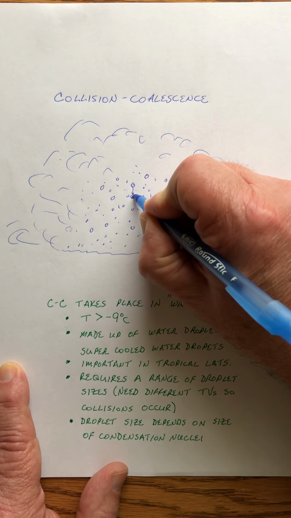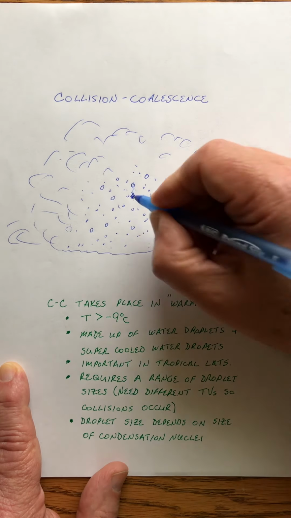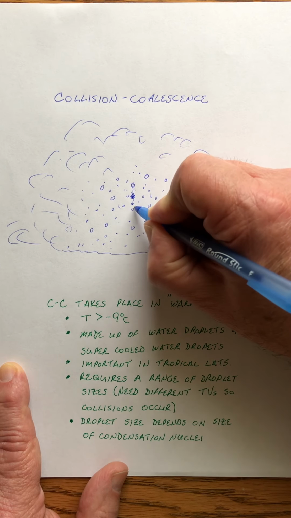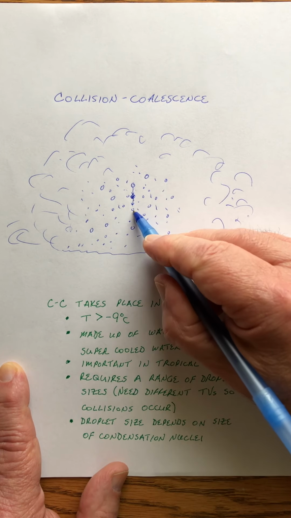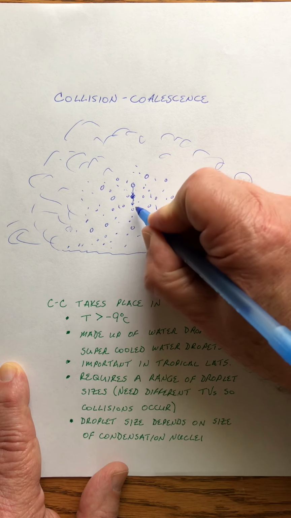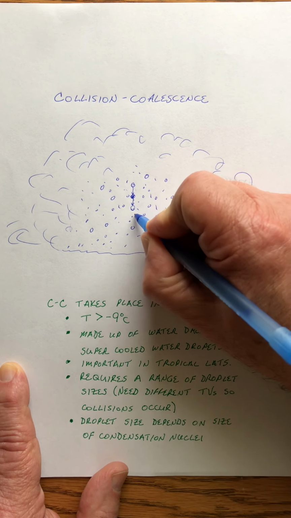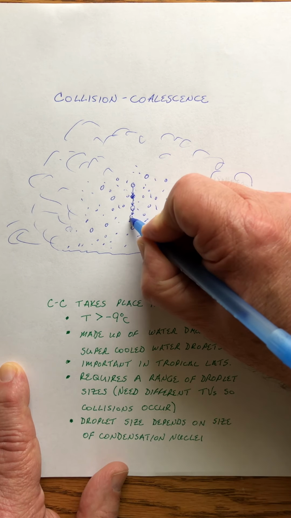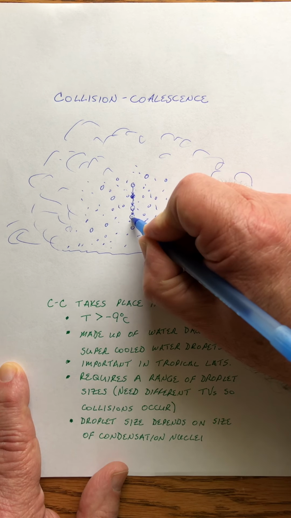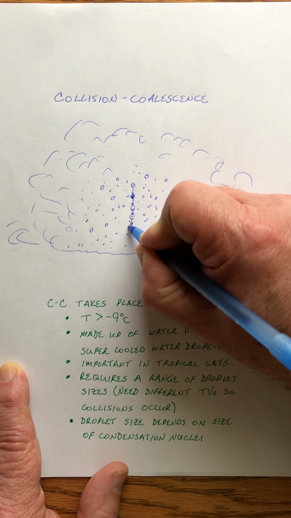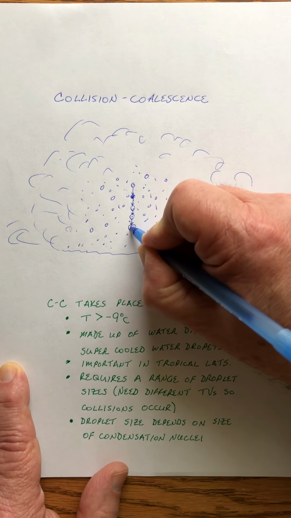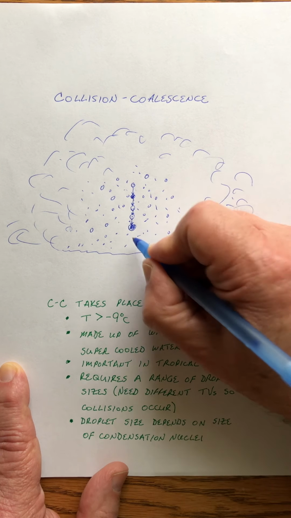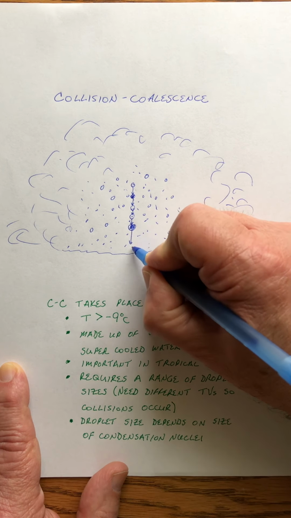And so it's going to grow a little bit bigger, and as it continues to fall through the cloud, now it encounters another cloud droplet, and it's going to grow bigger. And this continues to happen as this cloud droplet falls through the cloud. So it becomes bigger and bigger and bigger until it reaches the cloud base.